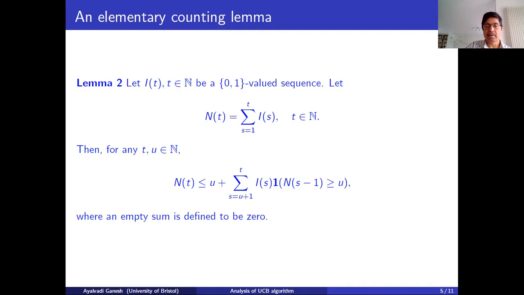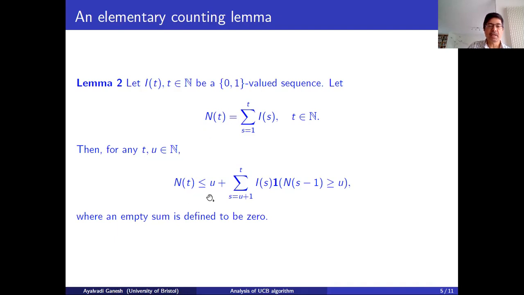This is quite easy. The proof, but maybe the notation looks heavy, so it might be worth just working through an example. Write down an arbitrary 0, 1 valued sequence of length 10 or 20, something reasonable.